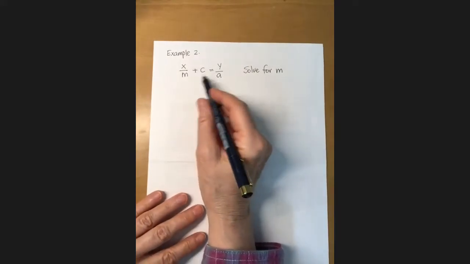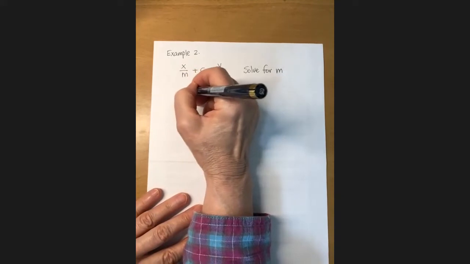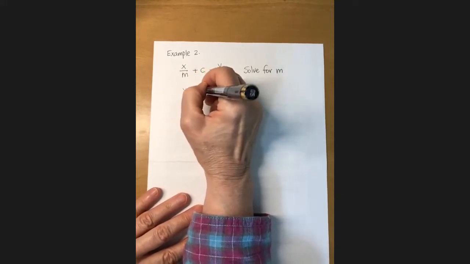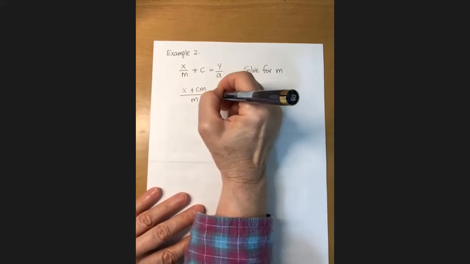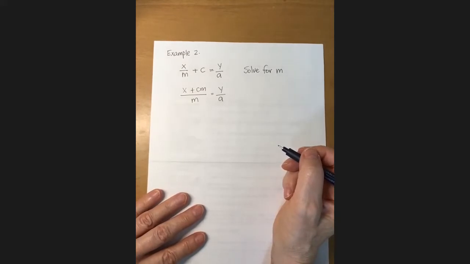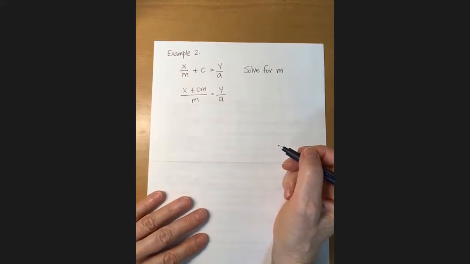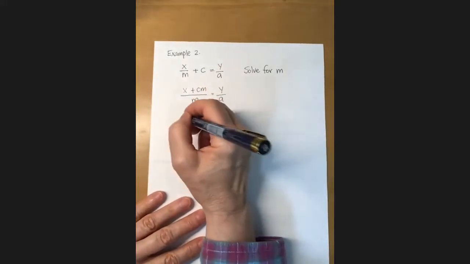Again, we need a common denominator on the left side. So we're going to have x plus cm divided by m equals y divided by a. We have a proportion, which is two fractions set equal to each other, and so we can cross multiply.